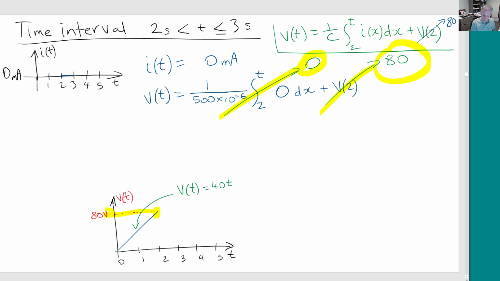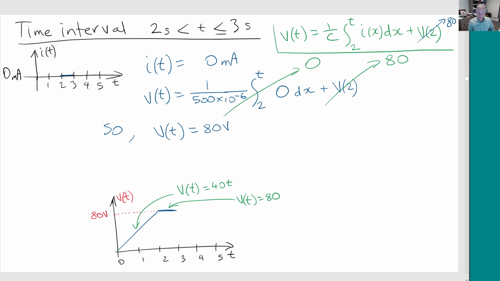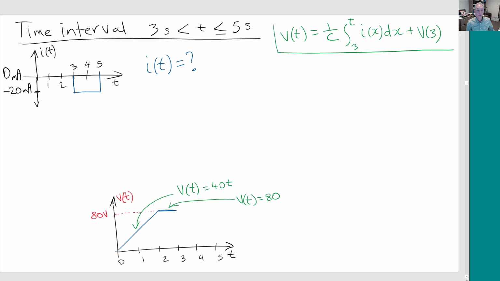And that's how we got this 80. Okay, so then our v of t is just a constant. It's 80 volts, okay? So that's why we draw a straight line here, and the function is v of t is 80, okay? So then, let's do our last time interval.